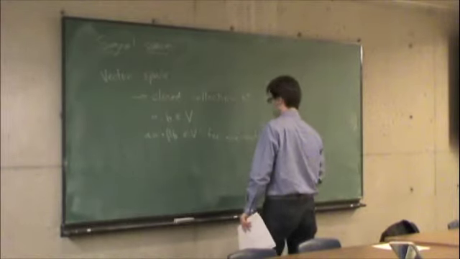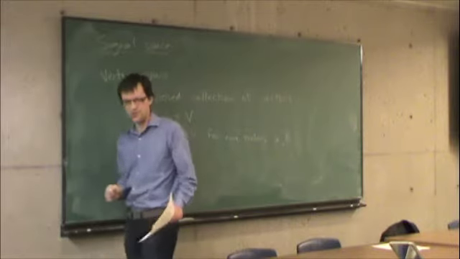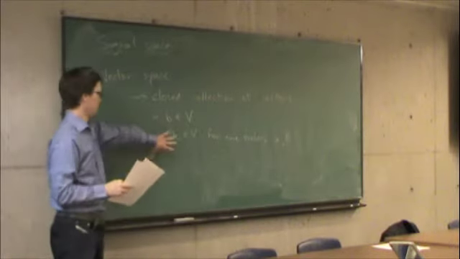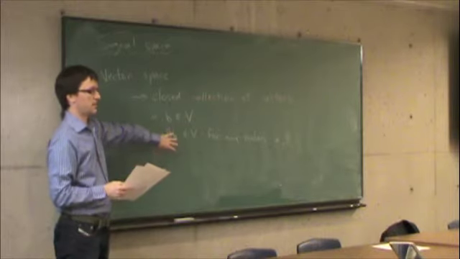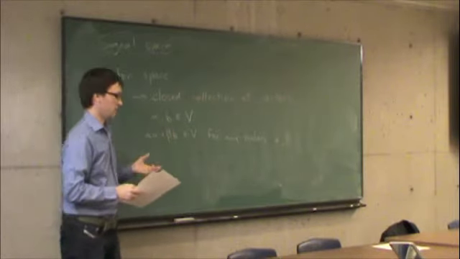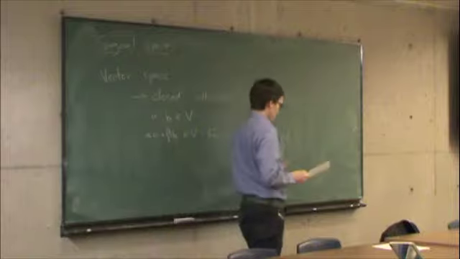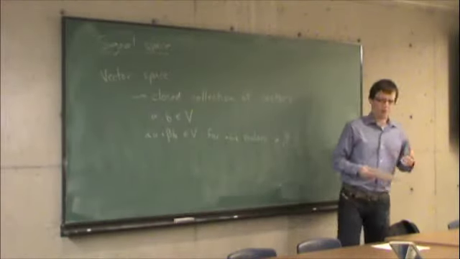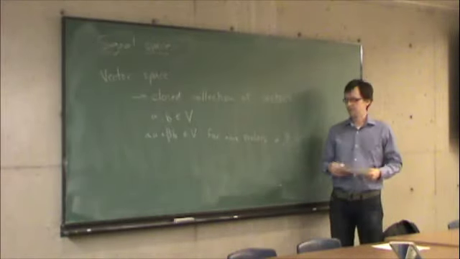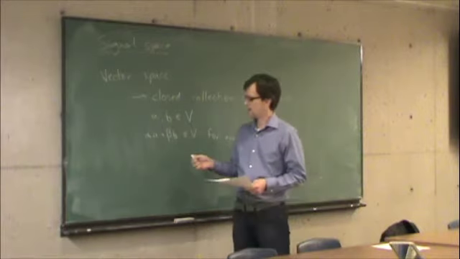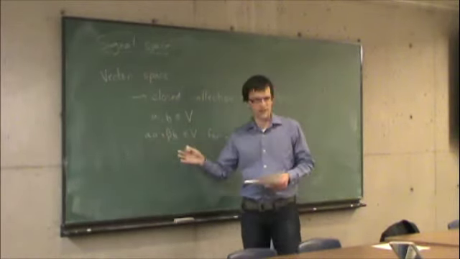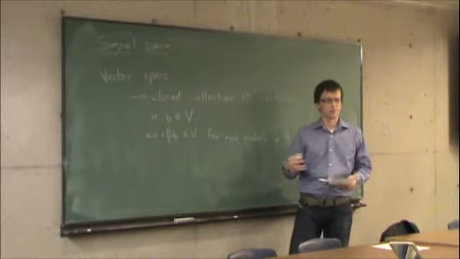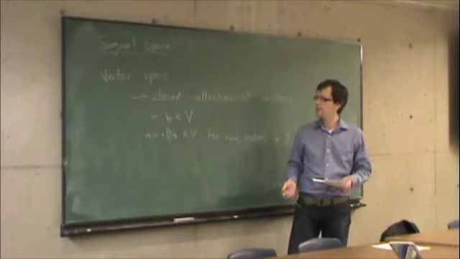For instance, alpha A plus beta B is in V for any scalars alpha and beta. Why this is important is because this is how we're going to represent signals. If you recall, when we were optimizing system design, we assumed that any signal transmitted would be a scalar multiple of S0, so S1 was a scalar multiple of S0.